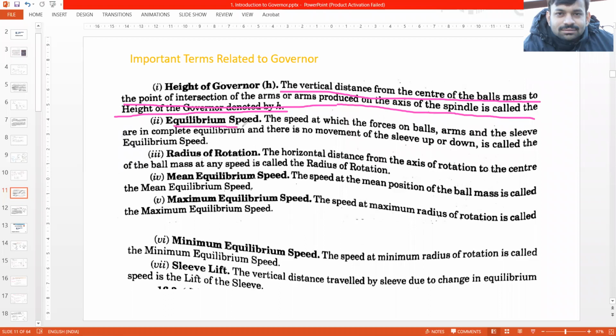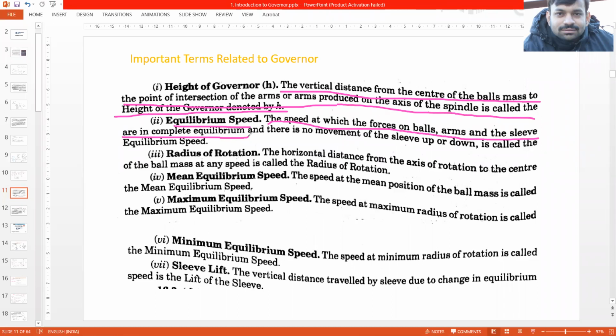Second is equilibrium speed. Now, what is equilibrium speed? The speed at which the forces on the balls, arms, and the sleeve are in complete equilibrium. So, when a particular speed is achieved, at that point, the resultant force on the system is zero.